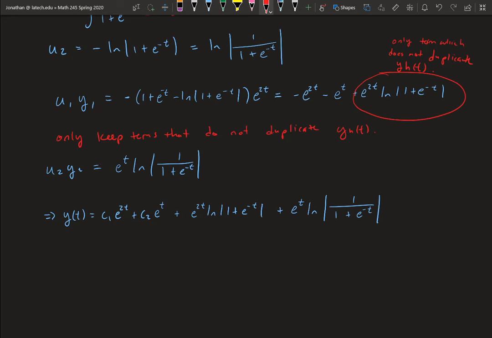And basically this part is our yp, the part that doesn't duplicate yh.